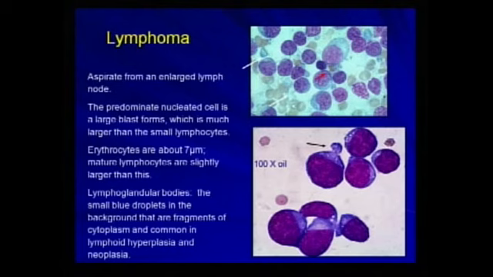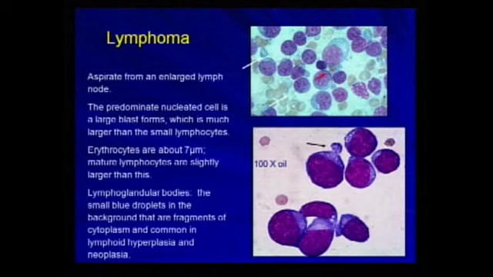The first thing that I do when I look at a slide of lymphoma is I look for the presence of blood. If you get a slide in which it's obviously taken from a large lymph node and there's no blood, okay, the normal aspirated lymph node will have a little bit of blood in it. If the cells are crammed in there so tight that there's no blood, okay, you have to think strongly about the possible lymphoma at that point.